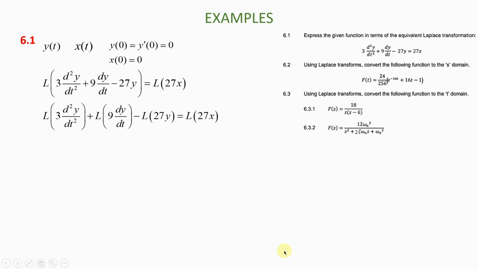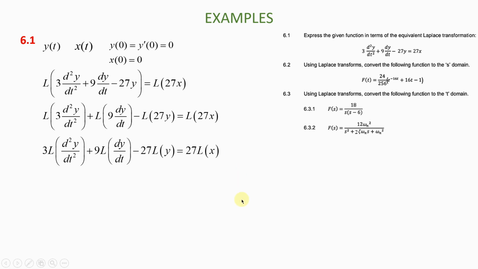Okay, very important. Now, the second thing I need to show you is that when you have a product like that, 3 multiplied by the second derivative of y with respect to t, you might as well take 3 outside and then look for the Laplace transform of the second derivative only. And you can do the same thing everywhere.